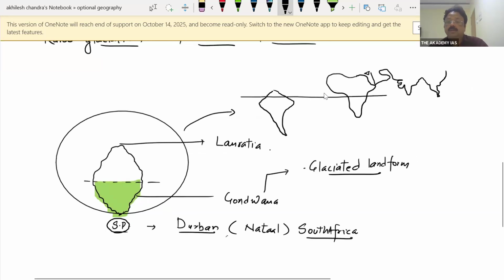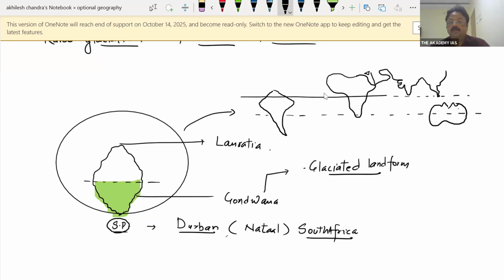And not only India, they have drifted towards north, towards the equator, as per the understanding of continental drift theory.